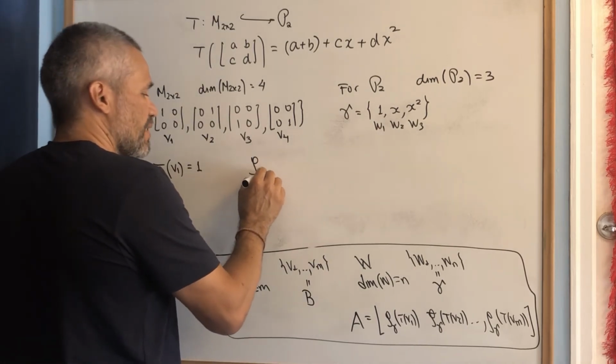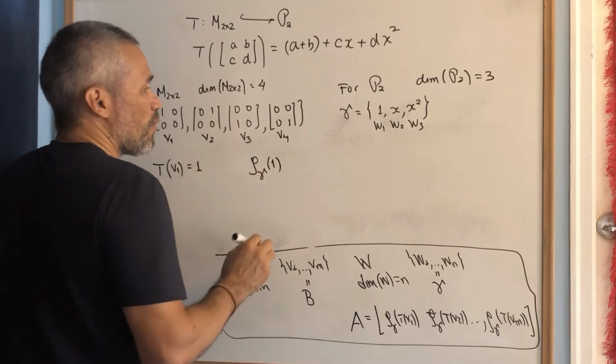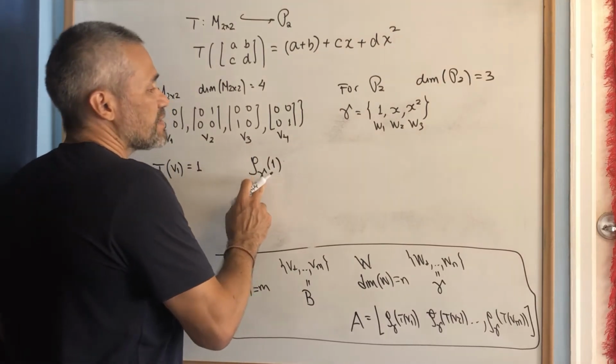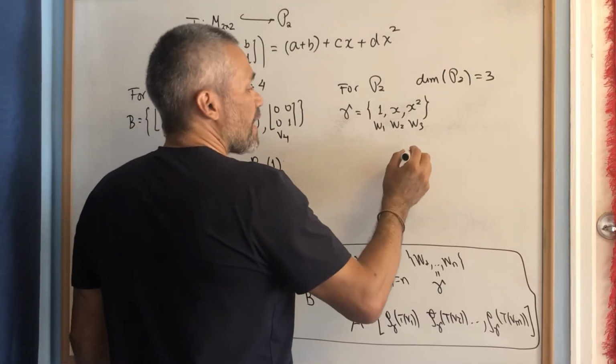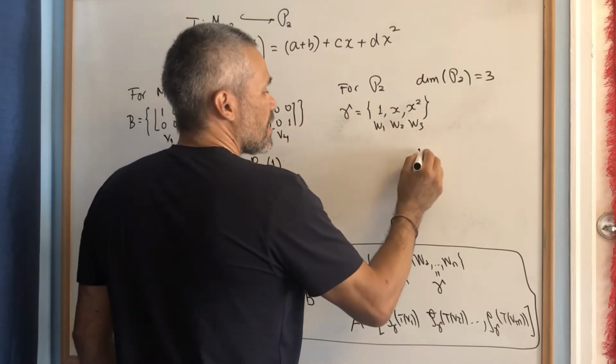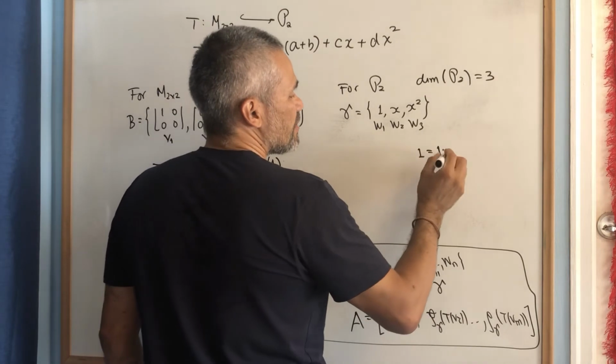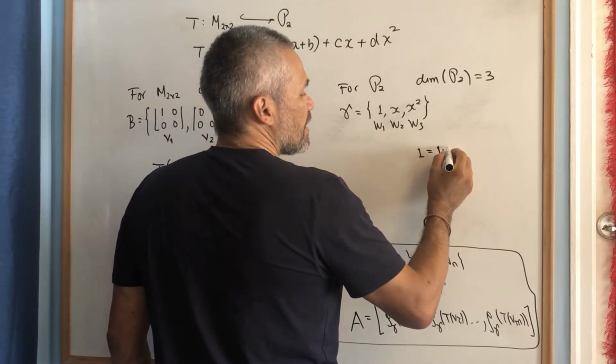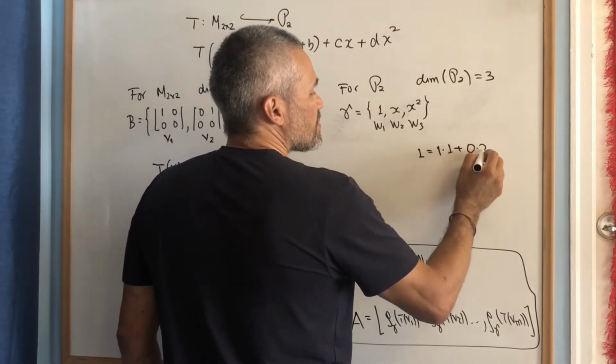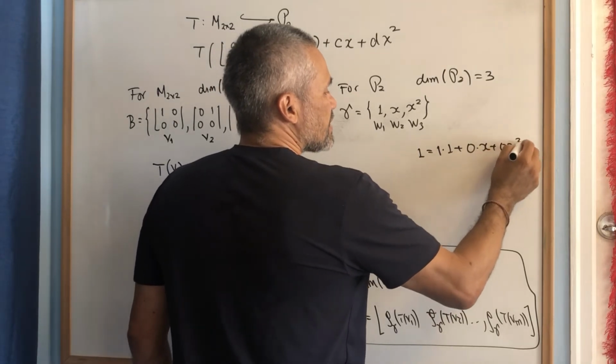Representation with respect to the basis gamma of the polynomial 1. In order to find this representation, I have to write 1 as a linear combination of these three vectors, and I can accomplish that by saying 1 times 1 plus 0 times x plus 0 times x squared.